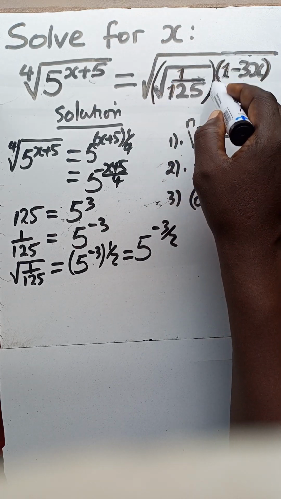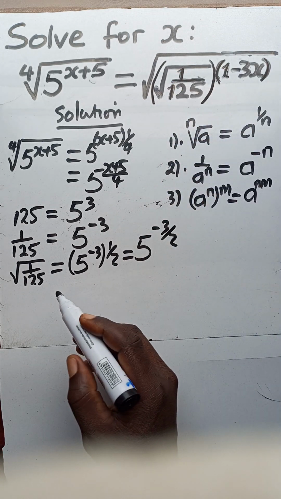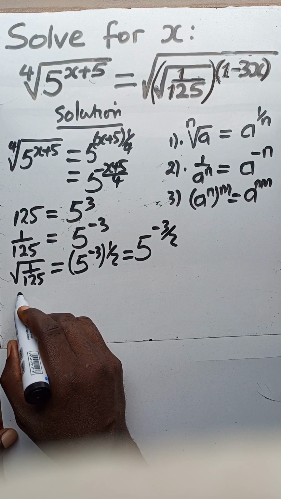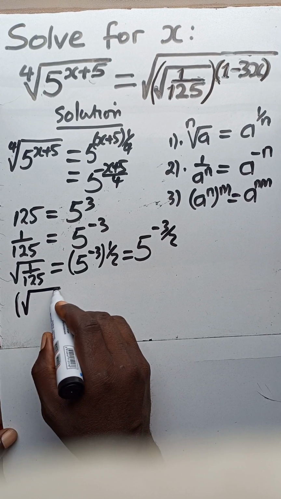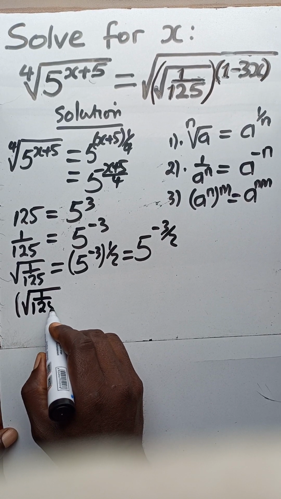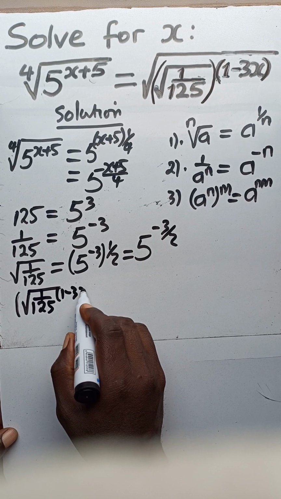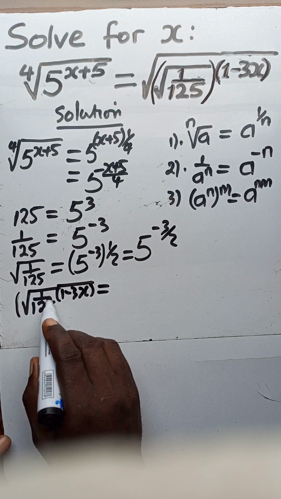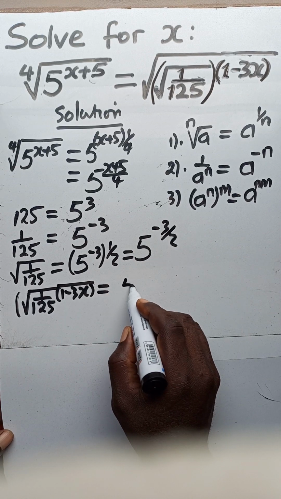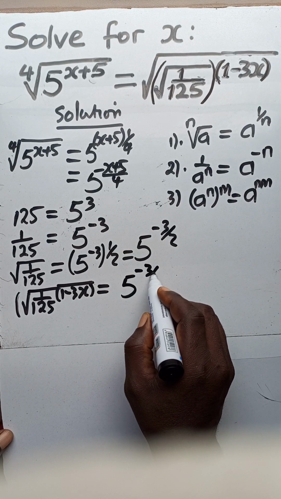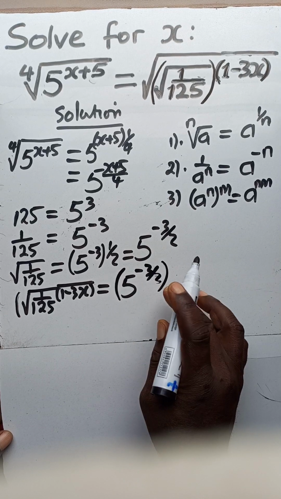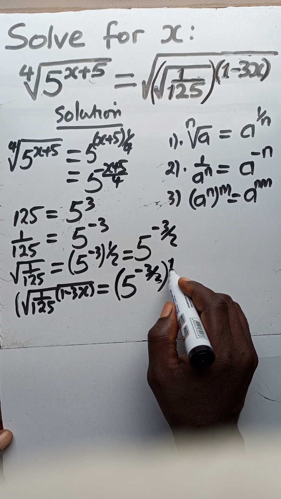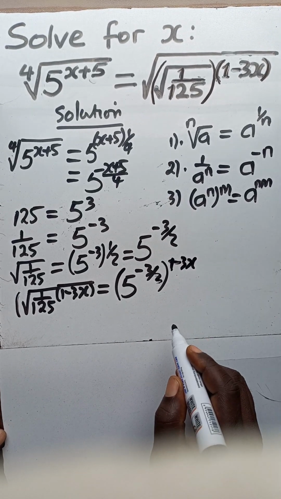Now, all of that was raised to the power 1 minus 3x. So we'll now write 5 to the negative 3 over 2, raised to the power 1 minus 3x.